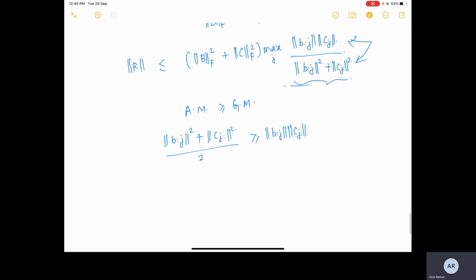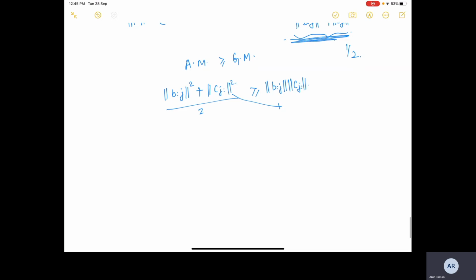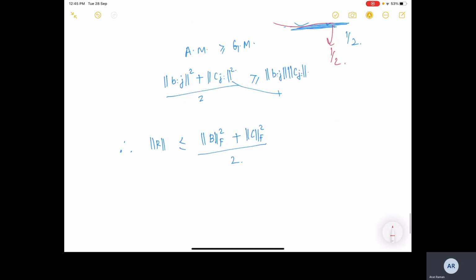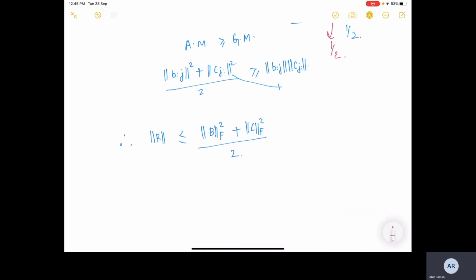We can just replace this whole inequality by 1 by 2, because this quantity will come down. And when we do this, what we obtain is that the spectral norm of R is less than or equal to this expression.